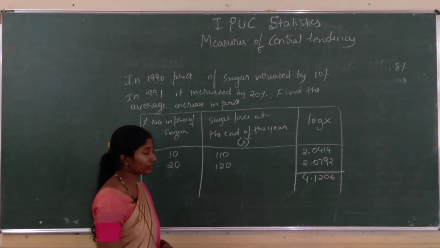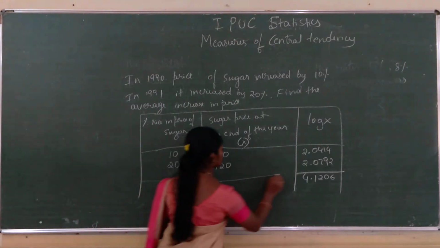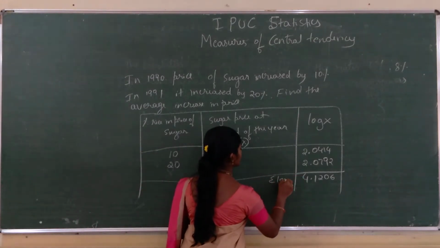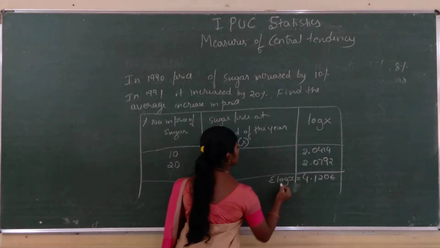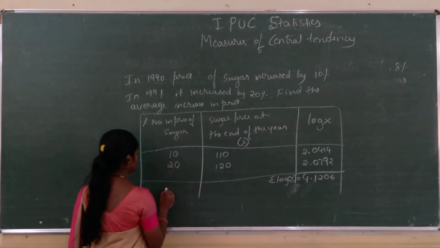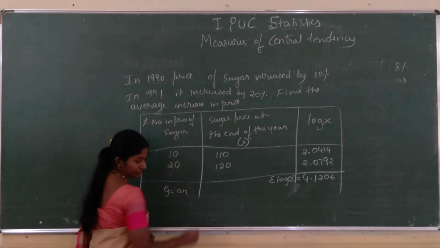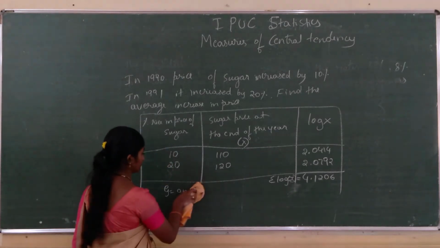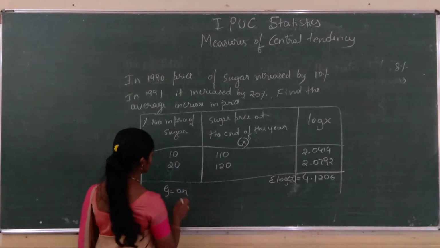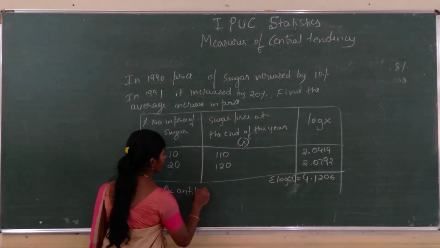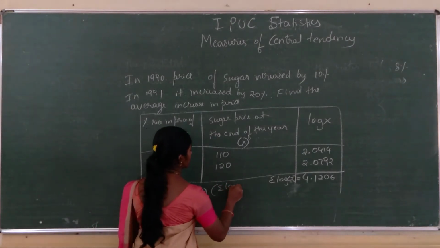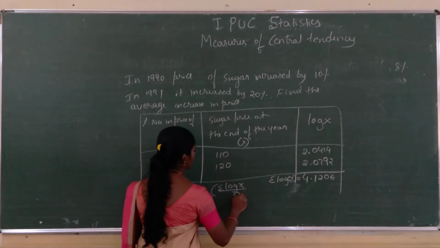4.1206. Now the calculation. See what this one is? This is the summation log x. Okay. G equal to antilog of summation log x divided by n.